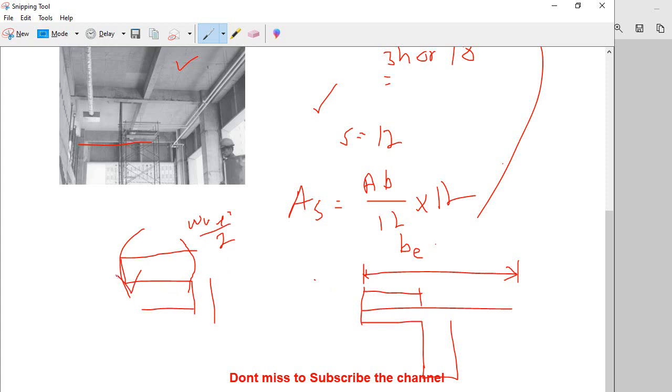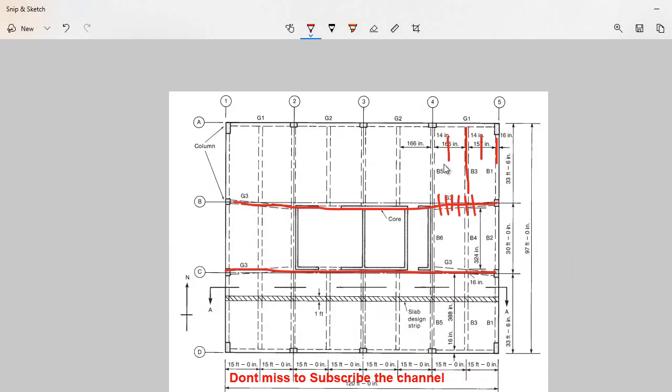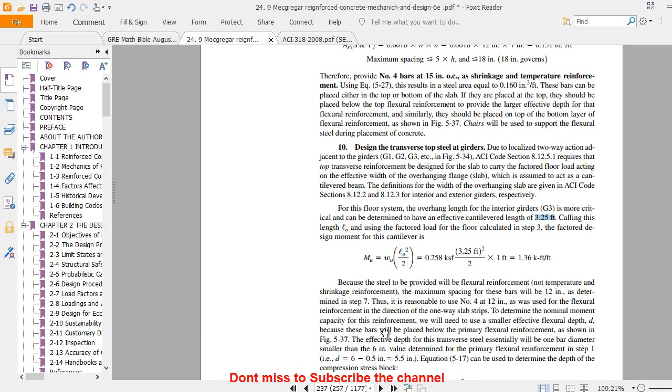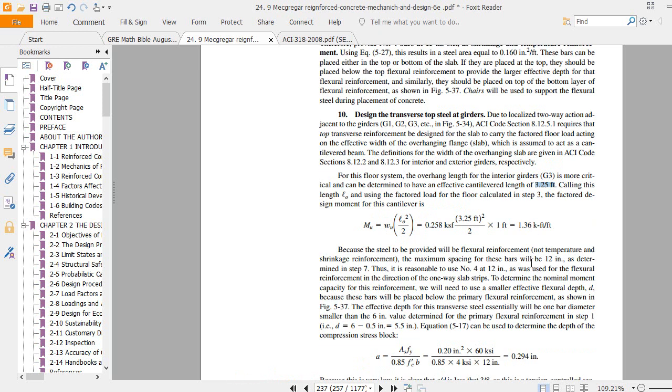You already know how to calculate the maximum moment in the case of a cantilever beam. So using this one, you get this value. Let's say we are using number 4 bars at the rate of 12 inch center to center. We get the area of steel as 0.2.